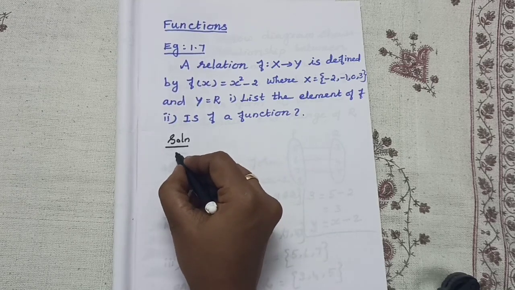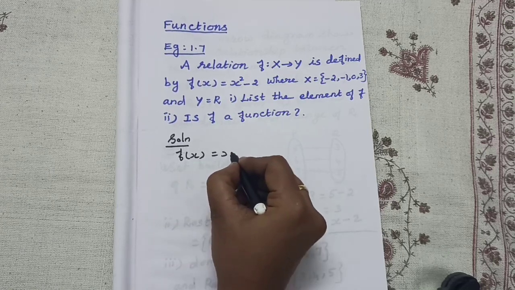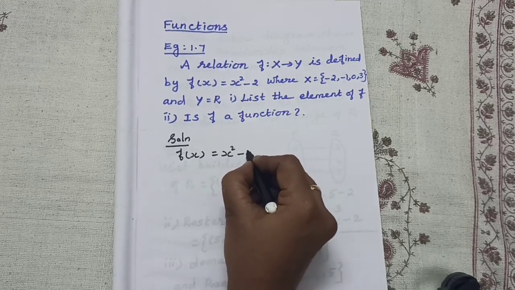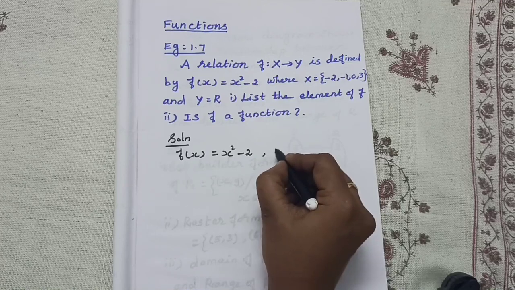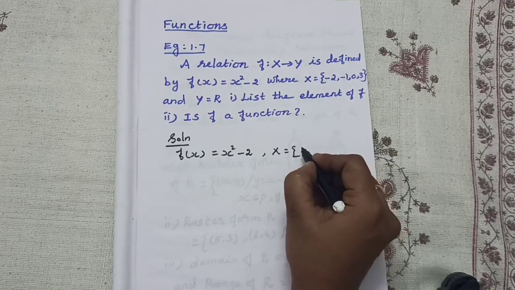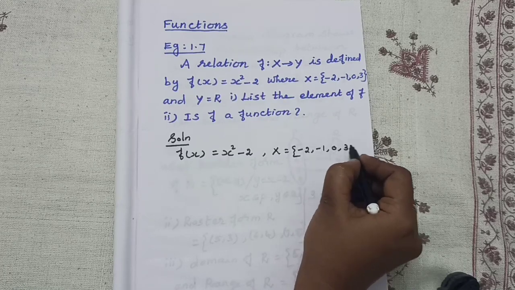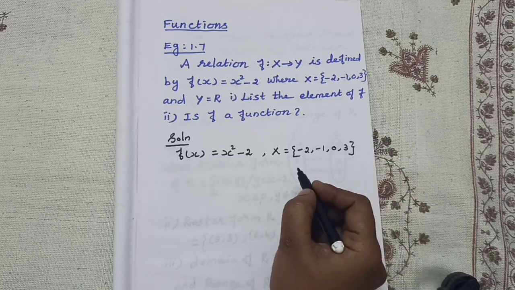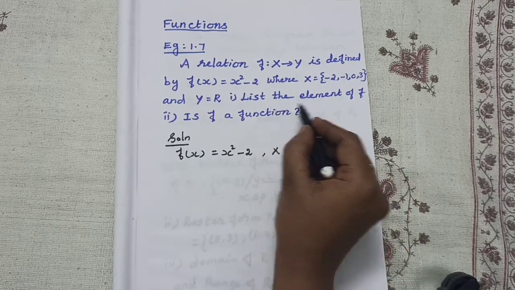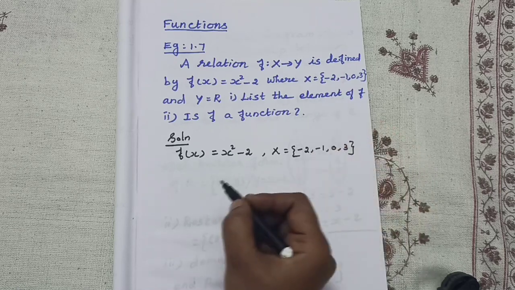Given f of x is equal to x square minus 2, and X is equal to the set of minus 2, minus 1, 0, 3. Our first question is, list the elements of f.